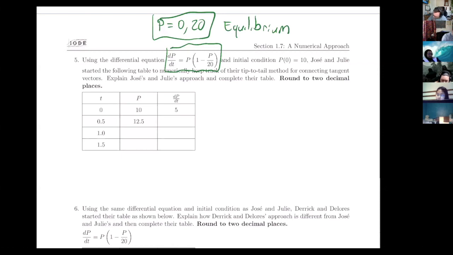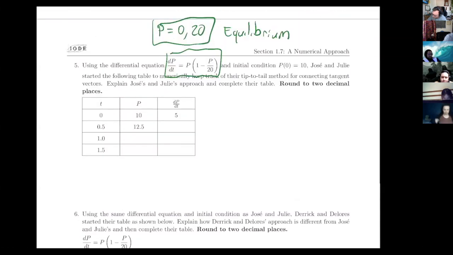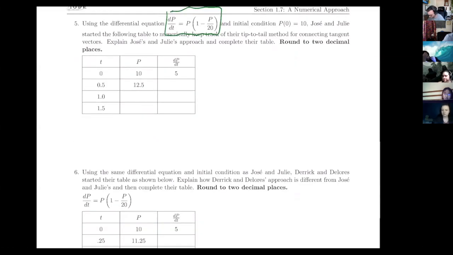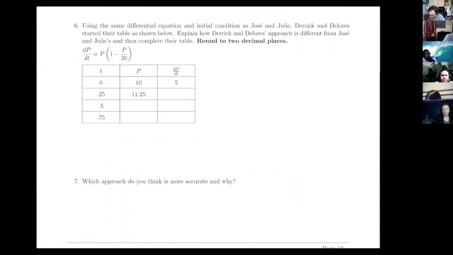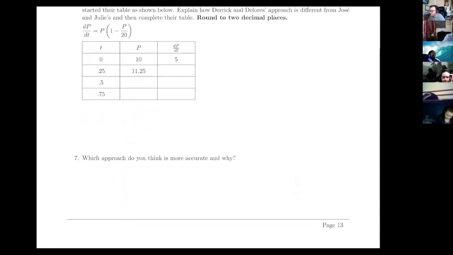This one is asking you to think about how we could come up with these approximations without using the slope field. We don't need that picture to motivate our example. So I'm going to break you up into groups, and you can talk about what these people are doing when they're trying to solve these and which of them you think is best.